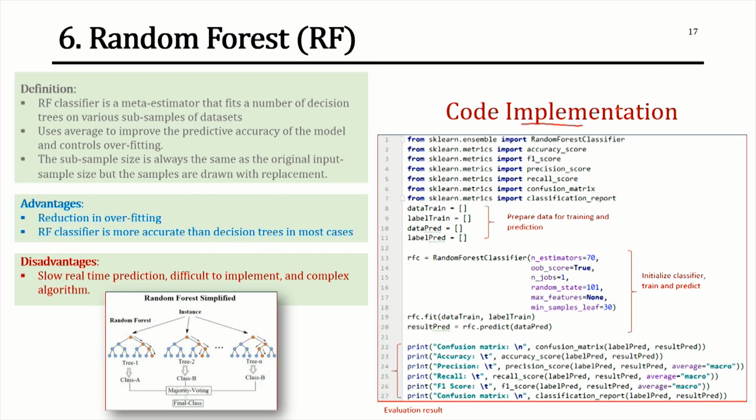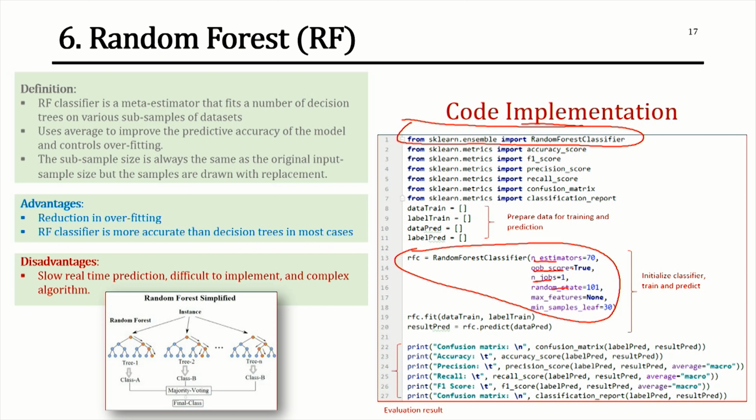Next, we will take a look at how we can implement random forest. We need to import the corresponding classifier, and we use the same steps as presented in the previous techniques. For the classifier initialization, we need some appropriate parameters, for example, number of estimators, score, number of jobs, random state, and so on.